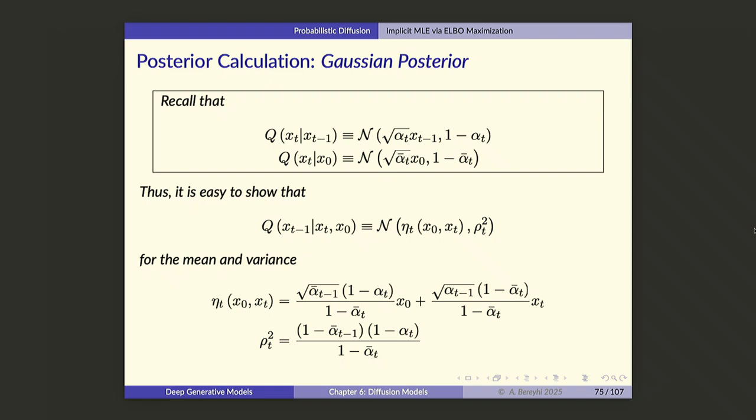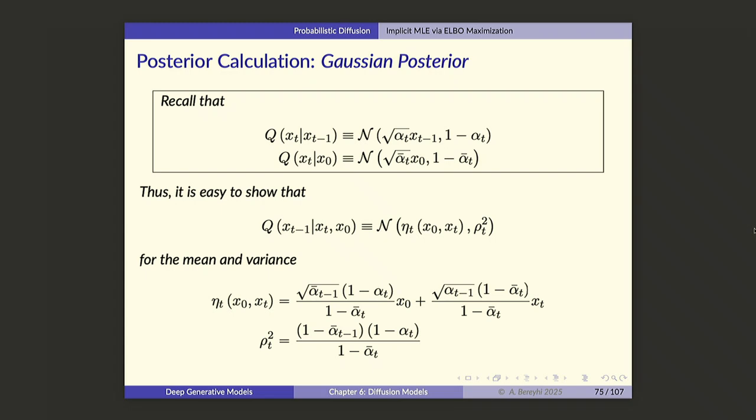I fixed it in the other section, I forgot to fix it here. So in the second term, the square root of alpha t minus 1 should be alpha t, and alpha bar t should be alpha bar t minus 1. Because in this form currently, the numerator and denominator are going to cancel out, right? It doesn't make sense. So this is a typo here.